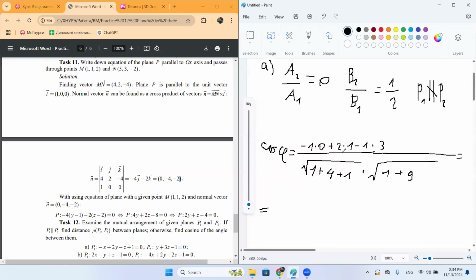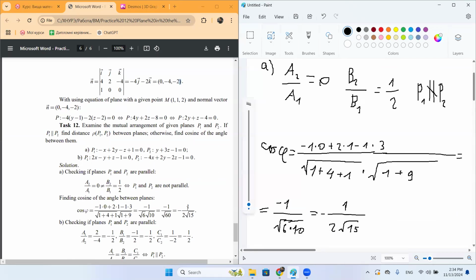So we have 2 minus 3, so minus 1, divided by square root of 6 times 10. We can extract 4 out of the root, so minus 1 divided by 2 square roots of 15. Yes, that's correct.